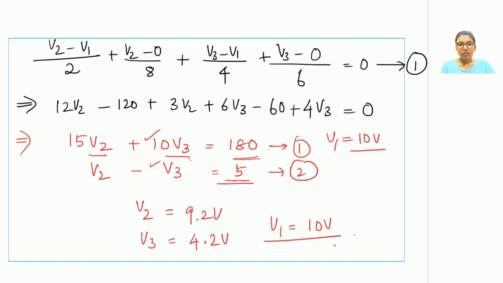Or this is how one can use nodal analysis in a supernode condition. Let us solve the next example, which is a very important question, but the basics are still the same. Once you know the basics, you can solve any type of question being asked to you. So let us move on to the next question.